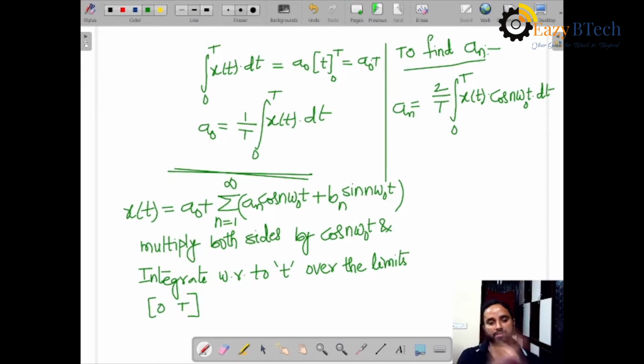We are multiplying both sides, x(t), by cos n omega naught t. After multiplying, do integration with respect to t over the limits 0 to T. That's all. In this process, we get the an formula.